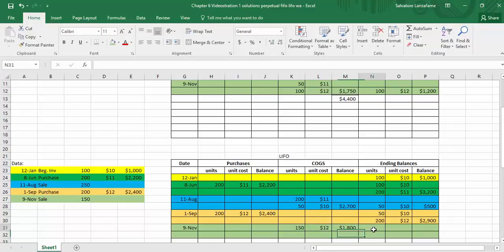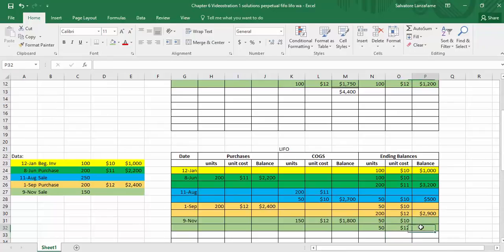So our inventory consists of the old 50 at 10 still there. And since we got rid of 150 of the $12 group, we still have 50 of the 12. So now our inventory, 50 times 10, and 50 times 12.